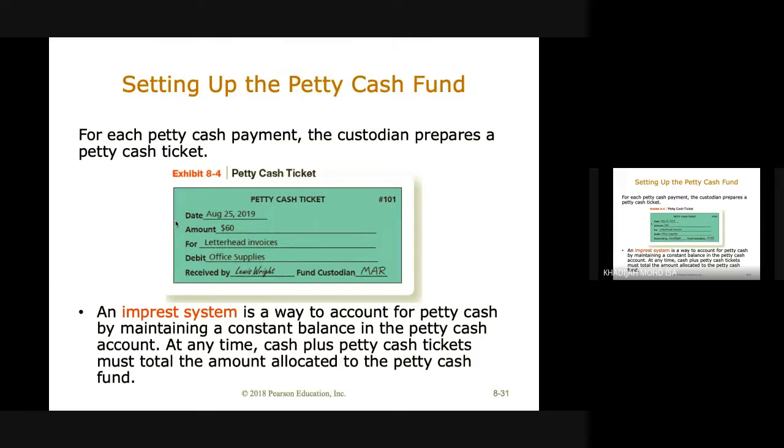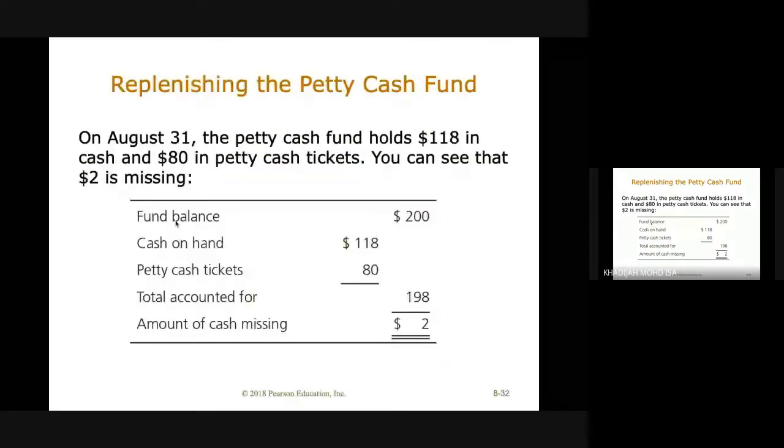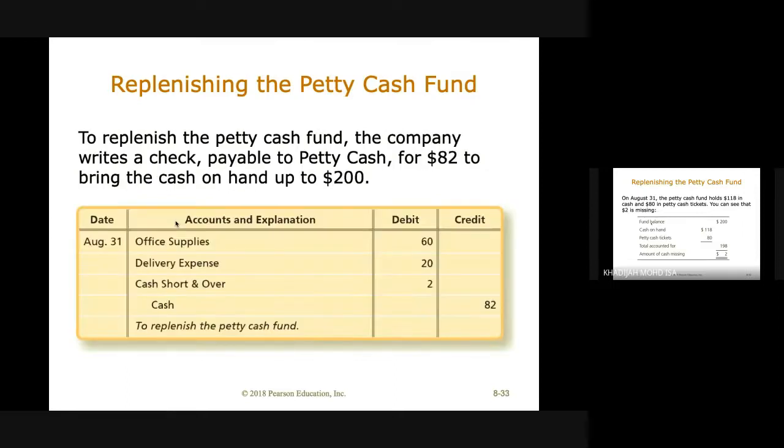An imprest system is a way to account for petty cash by maintaining a constant balance in the petty cash account. At any time, cash plus petty cash tickets must total the amount allocated to the petty cash fund. Whenever the petty cash reduces, we top up the petty cash account. Whenever you use the petty cash, you record a debit to your expenditure.